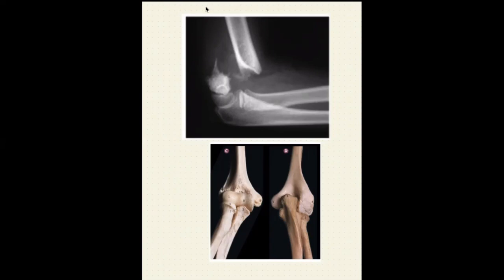And in the deep group, 3 muscles: flexor pollicis longus, flexor digitorum profundus, and pronator quadratus. Okay. And the nerve supply of these muscles?